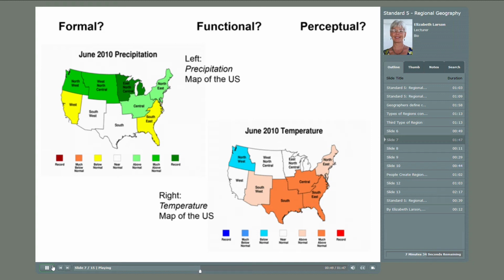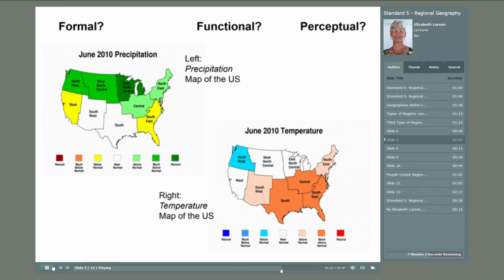This map is looking at precipitation, and it's showing there are certain areas that may have, for example, record precipitation, like in the east north-central portion of the United States around the Great Lakes. It's showing areas of much above normal, near normal, below normal, much below normal, and record precipitation.